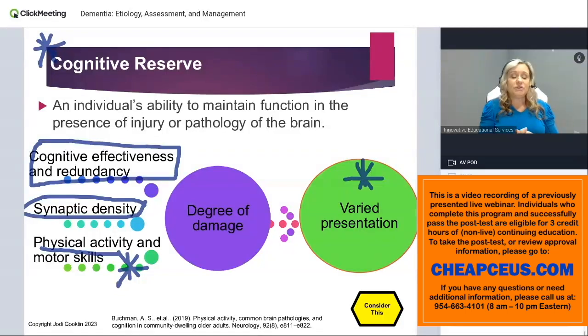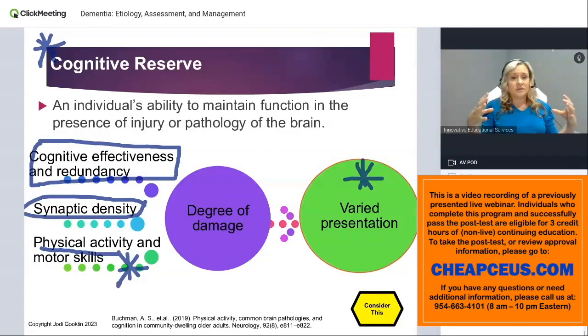So the Rush Center for Memory and Aging Project, the way they came to this is they performed a battery of tests on individuals, all different clinical assessments on volunteers, and they followed these individuals, and the individuals volunteered to donate their brains at the time of death. And we're so thankful for people that do that, because in 2019 they were able to put together these different pieces of the puzzle from these 450 participants.